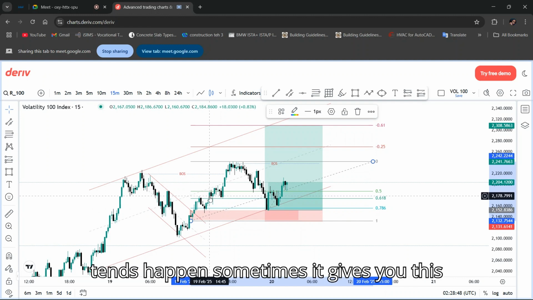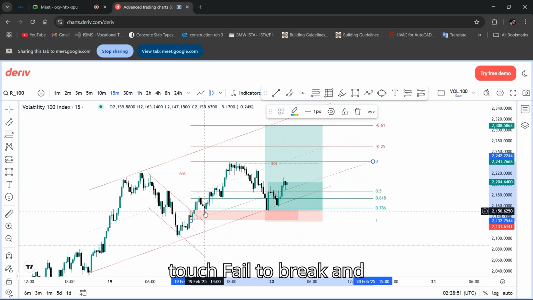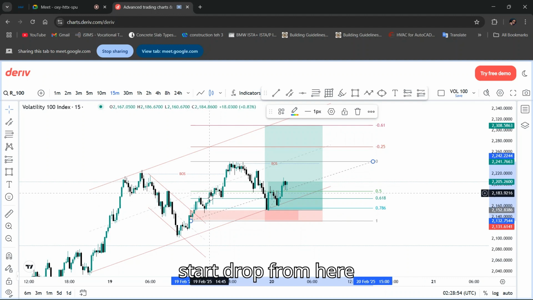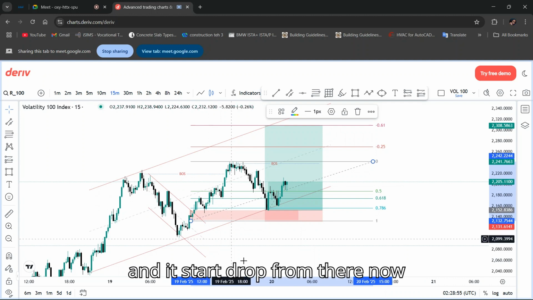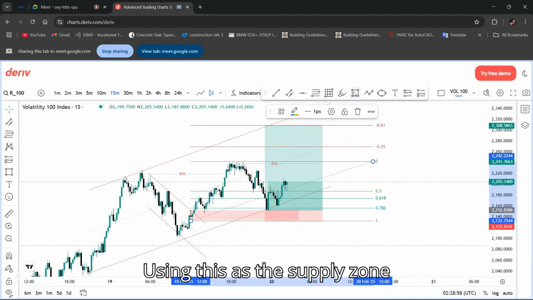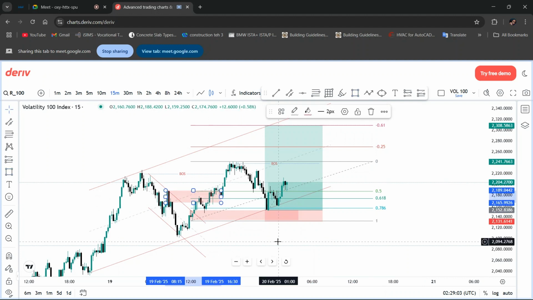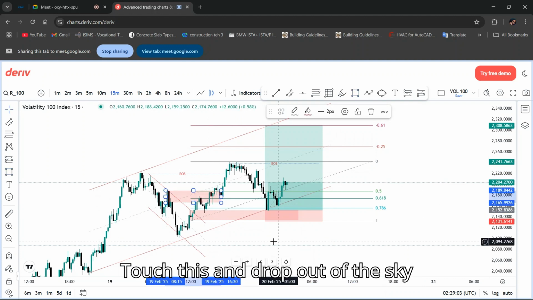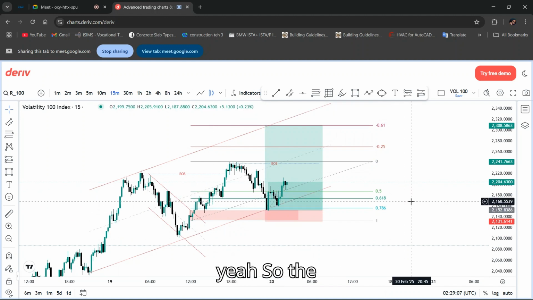So what tends to happen sometimes, it gives you this touch, fails to break, and starts to drop from here. And it starts to drop from there, using this as the supply zone. Touch this and drop out of the sky.